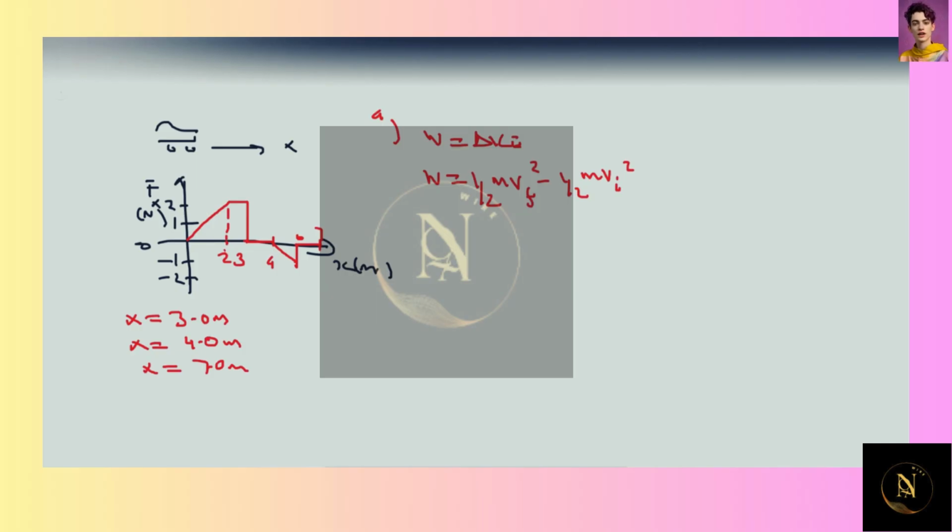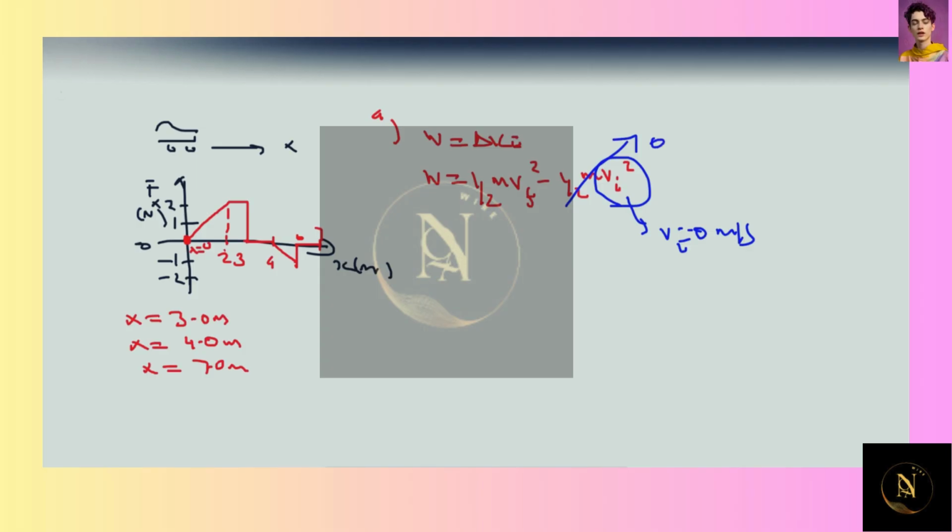We're told that the car starts from rest when x equals 0. So that means this part of the problem will have an initial velocity of 0. So vi equals 0 meters per second, and that means the initial kinetic energy will be 0.